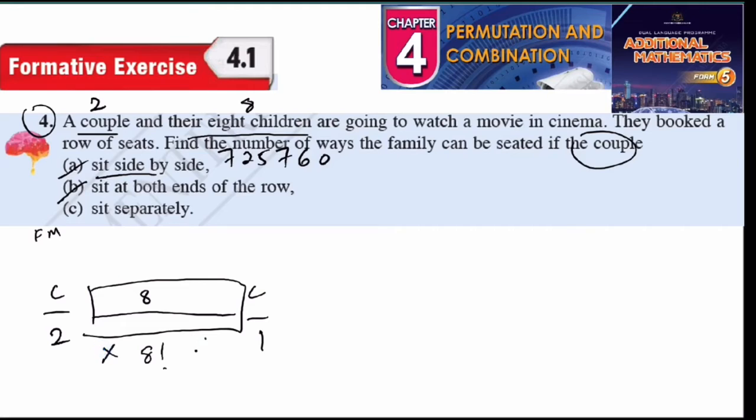After that we arrange the children. We have 8, so it's still 8P8 or 8 factorial. So the number of ways to arrange so that the parents sit at both ends of the row is 2P2 times 8P8 times 1P1, or you can write it as 2 factorial times 8 factorial times 1.